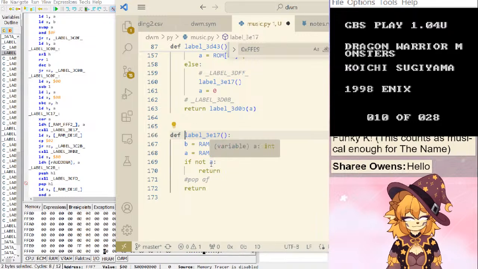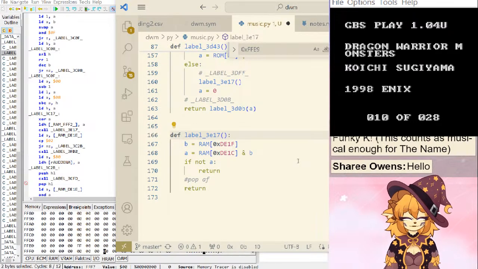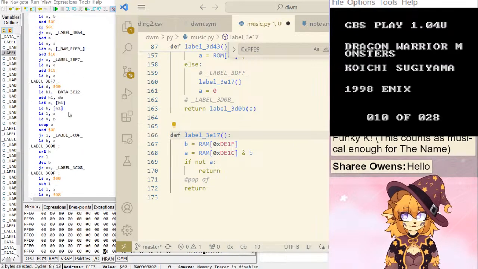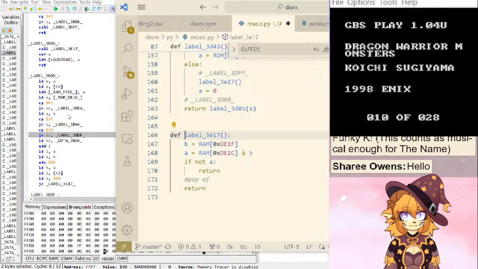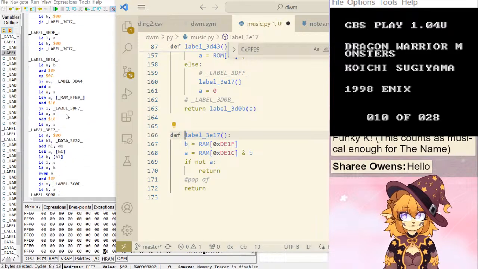Which function is this? Oh right, we never figured out that pop AF, huh? And there hasn't been a push in here either. Wacky.